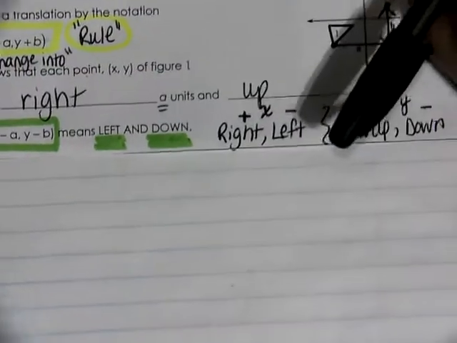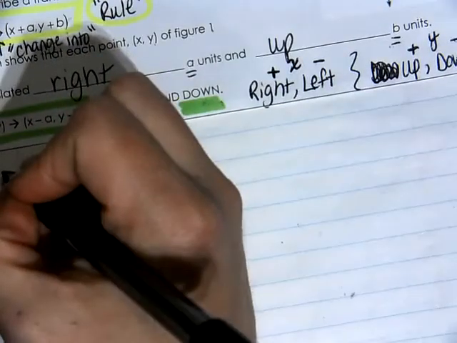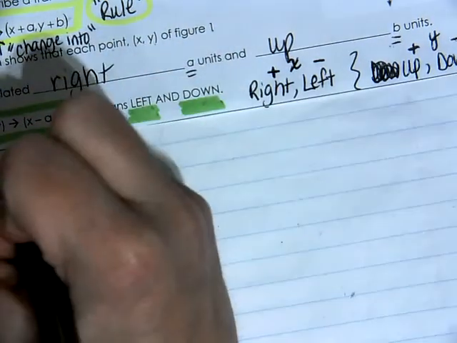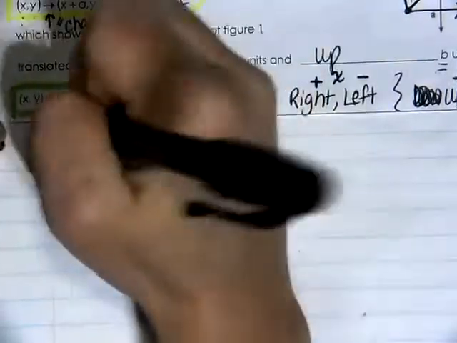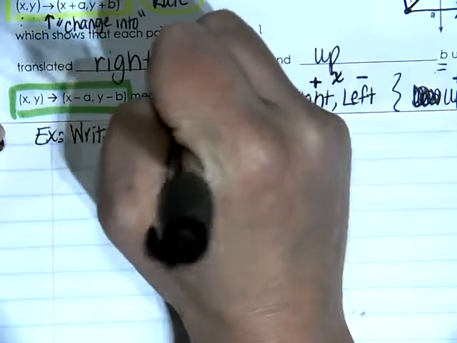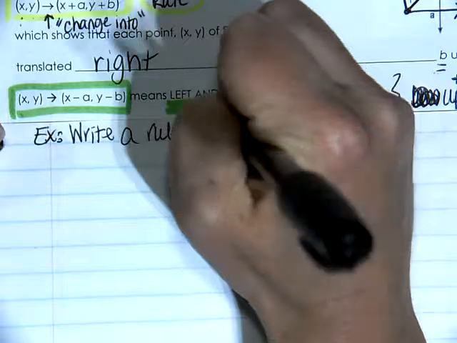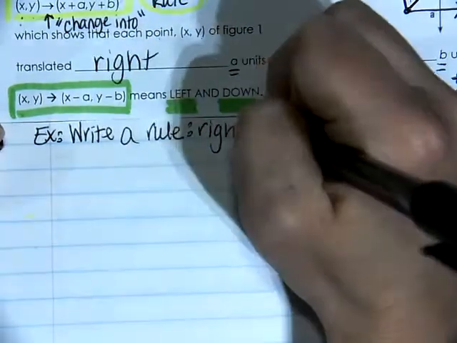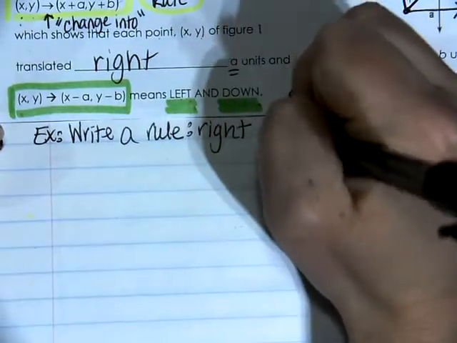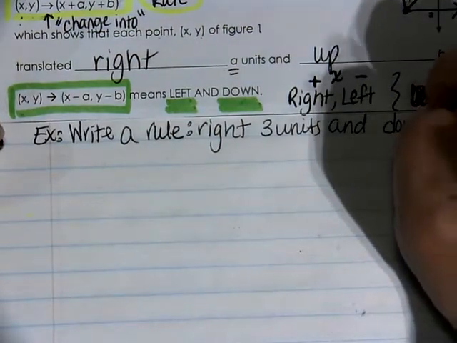What you're going to see is an example, or many examples like the following. So here are a couple examples that we will have in our notes for today. Our first example is write a rule for right 3 units and down 4 units.